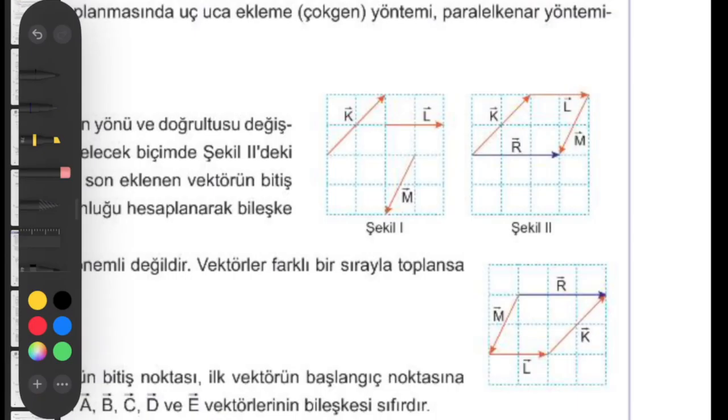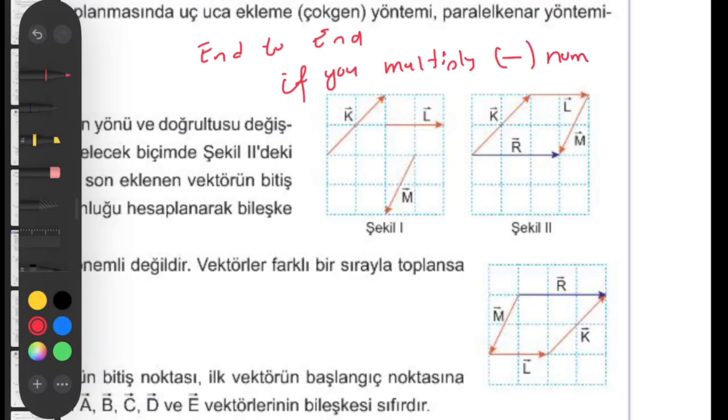Okay, let's solve some questions on the head-to-tail method. We need to remember that if you multiply any vector with a negative number, the vector just changes direction.